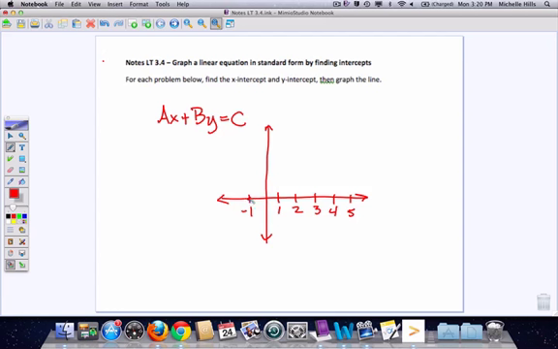If I think of points, and I'm writing an ordered pair for that, this is where x is -1 and y is 0 because I'm not moving up off of the axis at all. This is the point where x is 1, y is still 0 because I'm still on the x-axis. I haven't moved up or down. By the time I get over here, this is the point where x is 5 and y is 0.